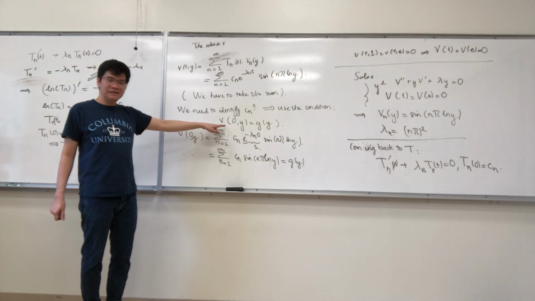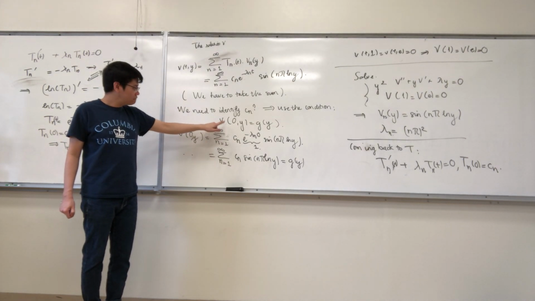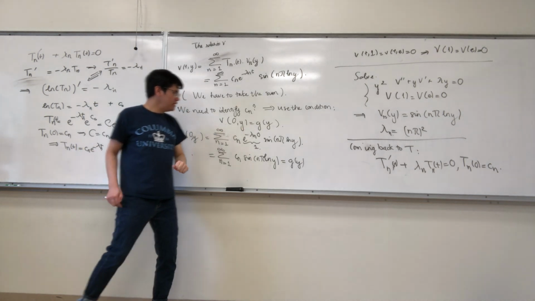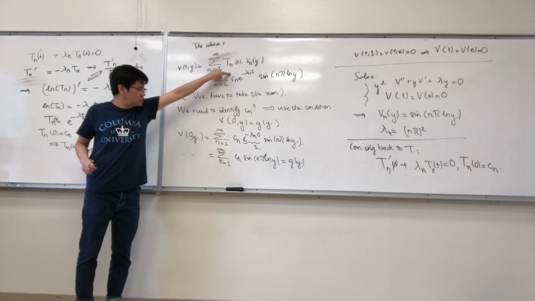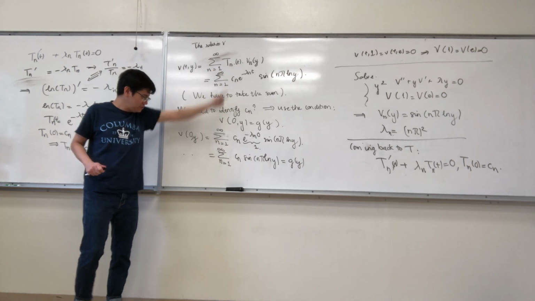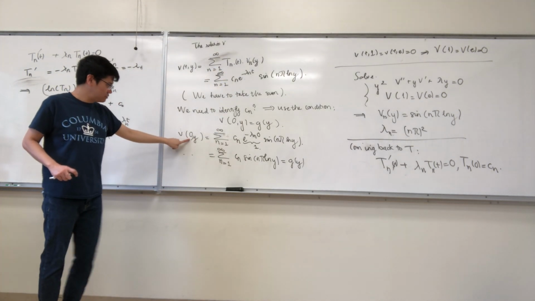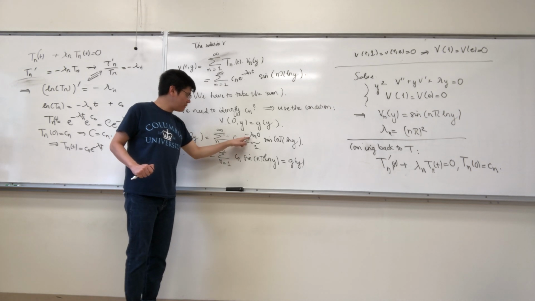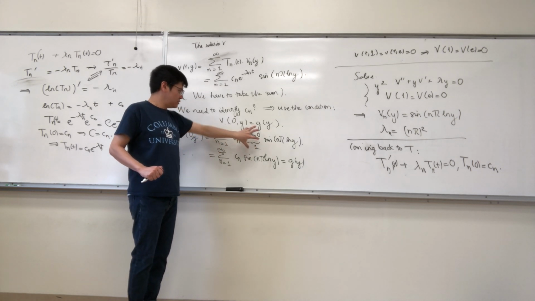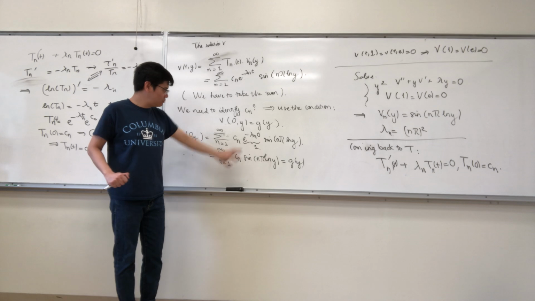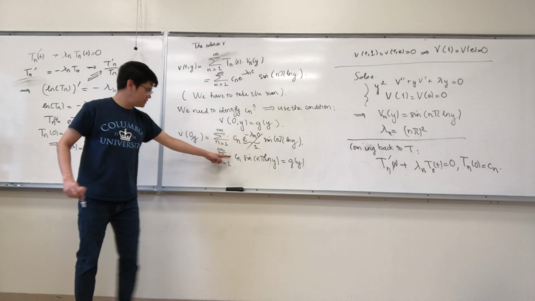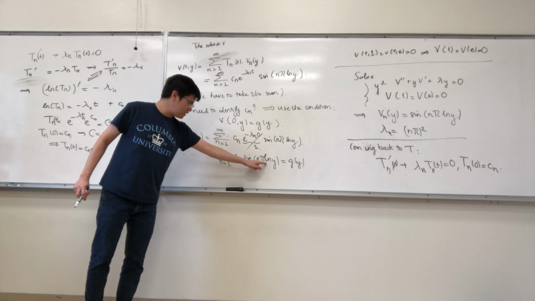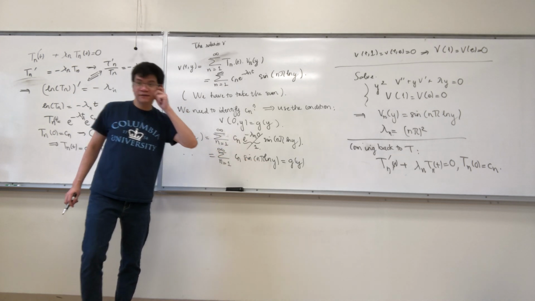Now we have to use the initial condition. You have V of y, 0 is g of y, right? So I'm going to plug 0 into this expression. I have e to the power minus lambda times 0. This is 1, so this goes away. So I have the sum of Cn sine of n pi y is g of y.